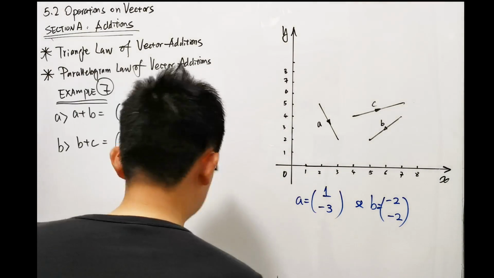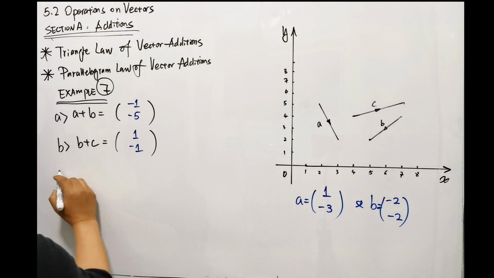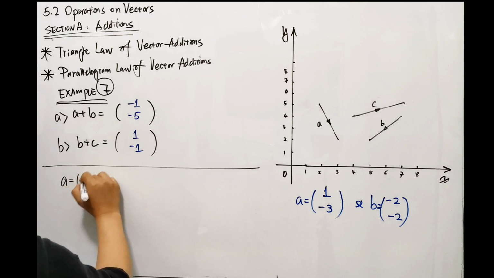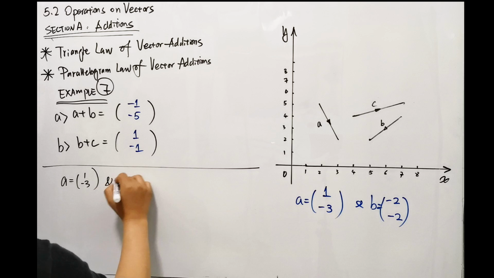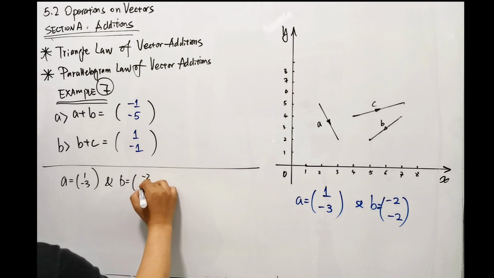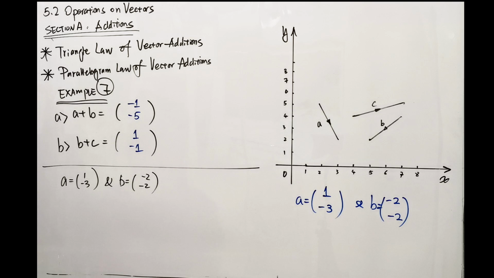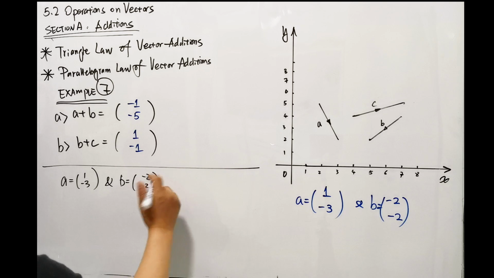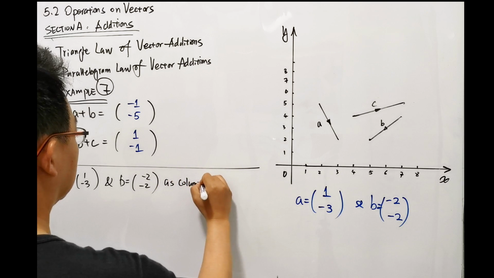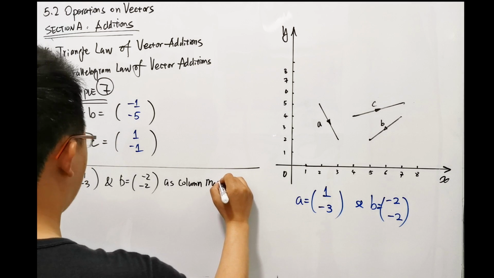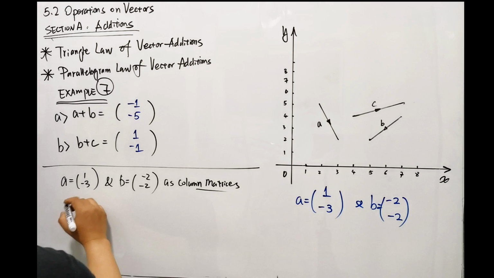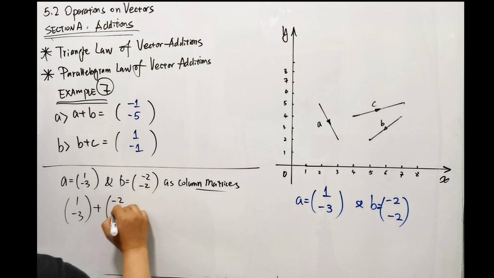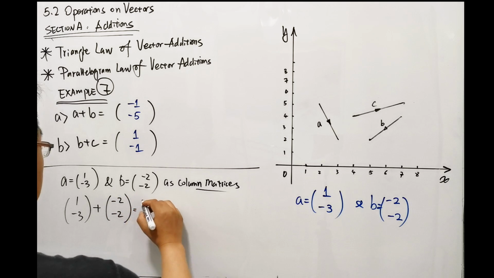Let's look at it the other way. Since A equals 1, minus 3, and B equals minus 2, minus 2, let's consider them as column matrices.